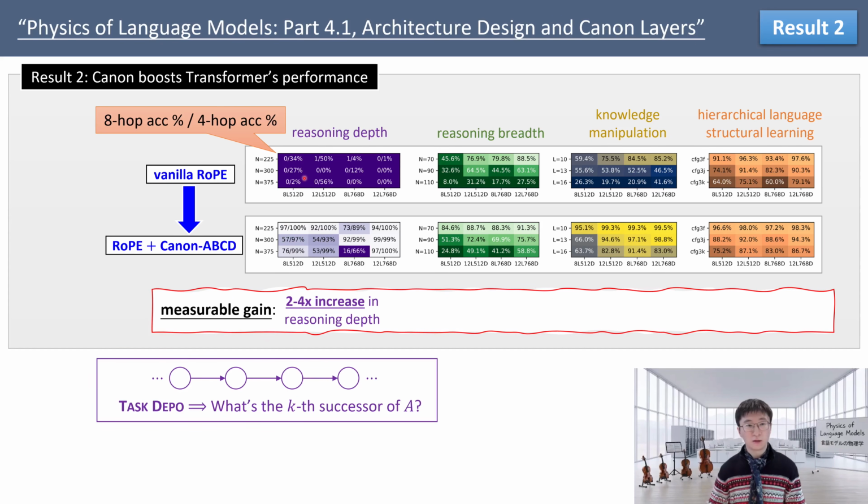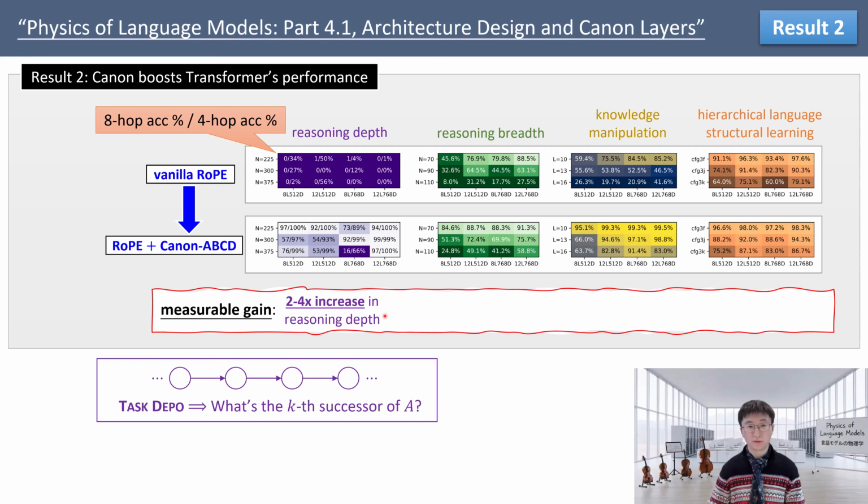And it turns out that if you use the vanilla transformer, the model cannot even perform 4-hop reasoning. So here, there are two accuracies. The first one is 8-hop, the second one is 4-hop. So you see that the model can't even do 4-hop. But once you add the Canon layers, in at least half of the cases in this mini scaling law, you see that the model can perform even 8-hop reasoning. So therefore, I declared a 2 to 4 times increase in terms of the reasoning depth, just after simply adding those Canon layers on top of your transformer.